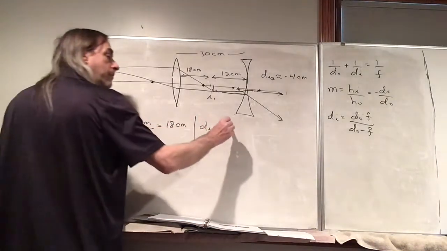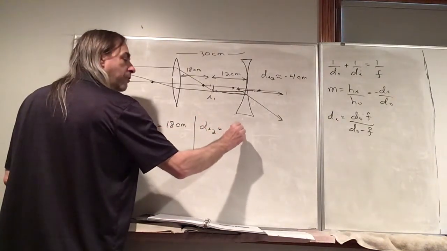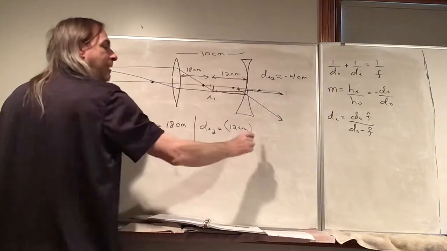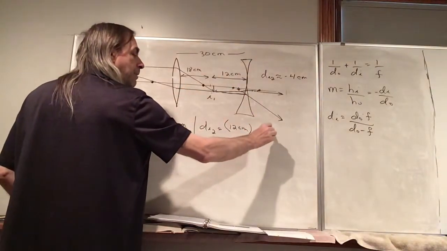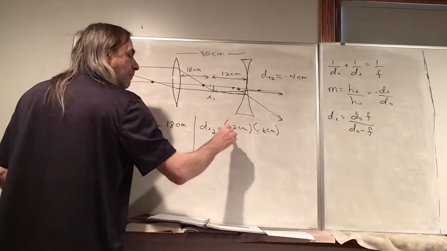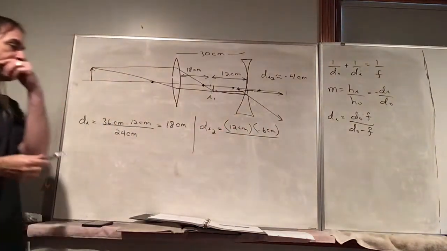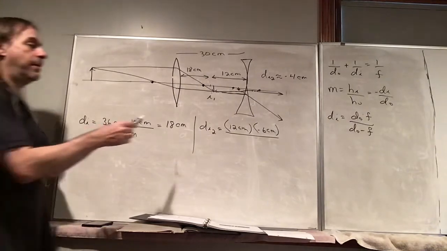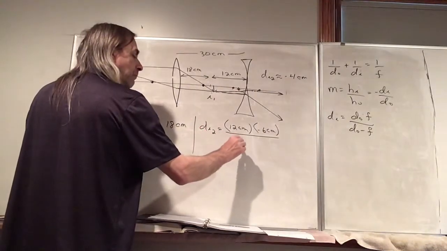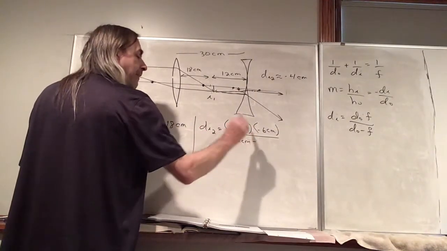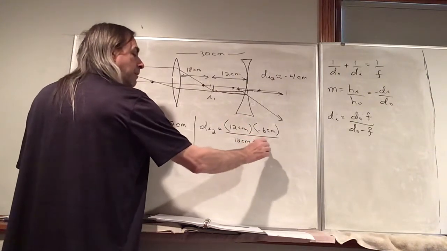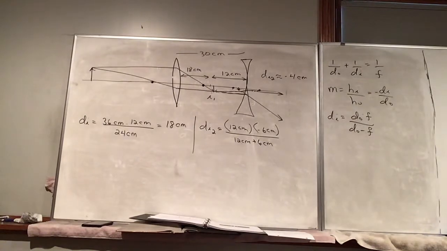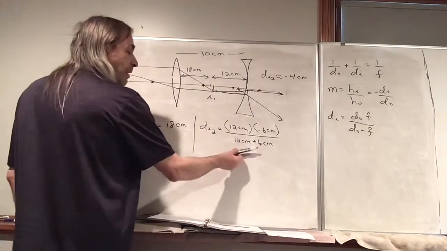So, plugging in the numbers, we have 12 centimeters. Now this focal length is minus 6 centimeters. And now for the bottom, we have DO minus F. So we have 12, and then minus negative 6. So that would be 18 centimeters on the bottom, in the denominator.